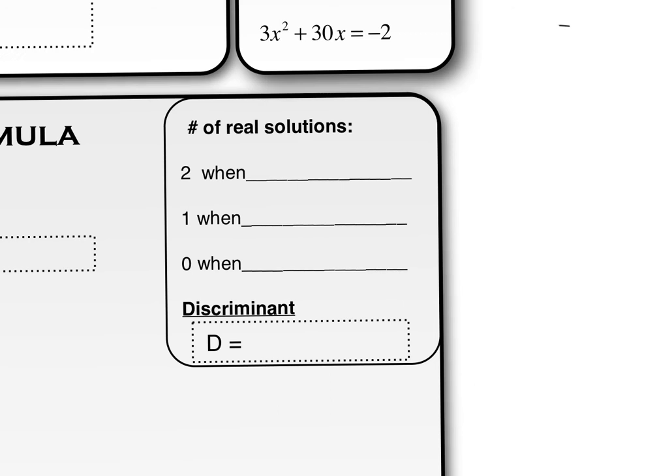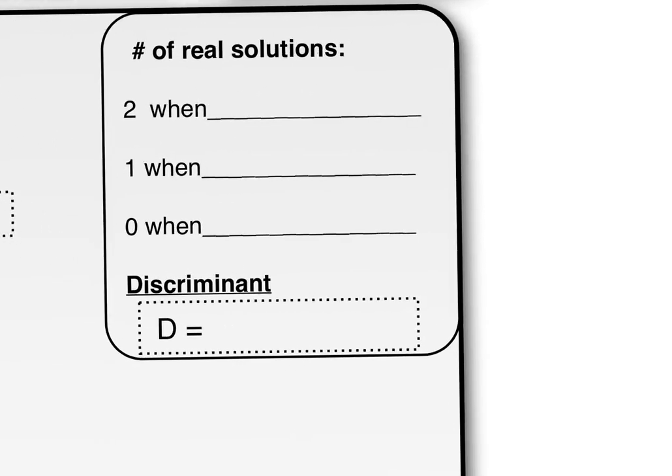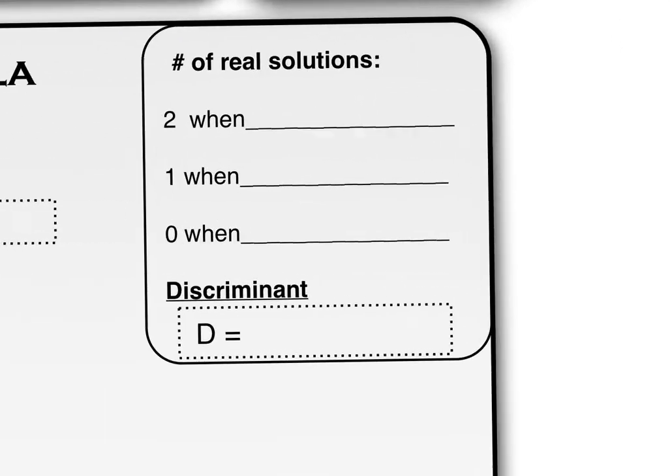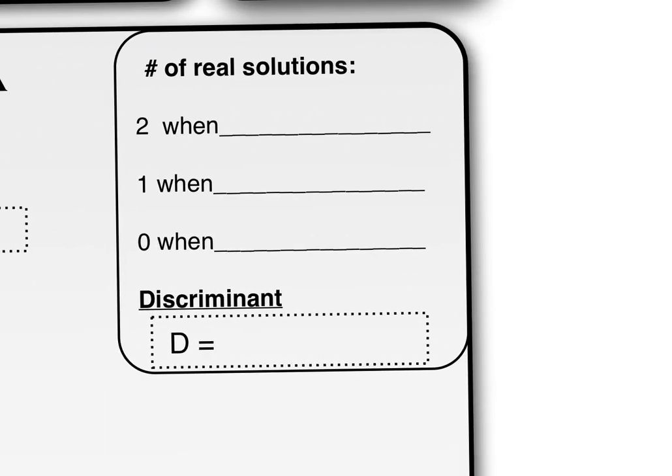So the discriminant says if we're going to have 2 real solutions, 1 real solution, or no real solutions. So if you don't remember, and I'm in the quadratic formula box here, the discriminant looks like this. It's the part of the quadratic formula that's inside the square root, the b squared minus 4ac. So that's my discriminant.